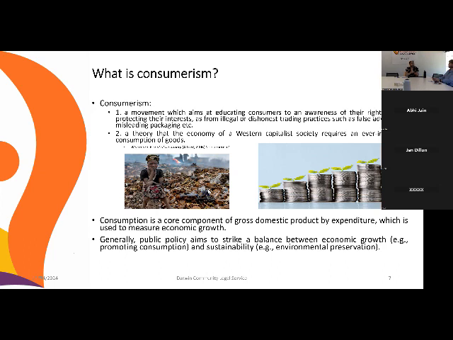It can also result in growing socioeconomic inequality. So there are 2 ways of interpreting consumerism. Generally, public policy will aim to strike an equitable balance between the quest for economic growth, but also bearing in mind that we need to sustainably use our resources.